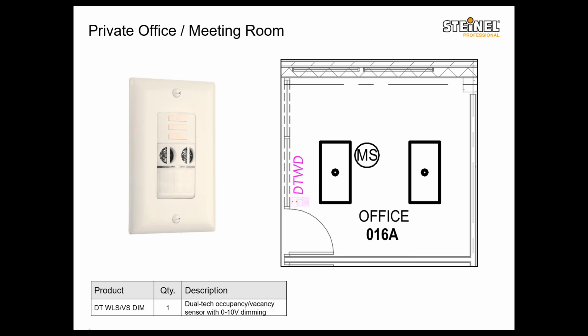The reason for this kind of application we go with a dual tech sensor is, as most of you probably have even right now in front of you, you're using 20-something inch monitors that block you completely from any switch that is on the wall.